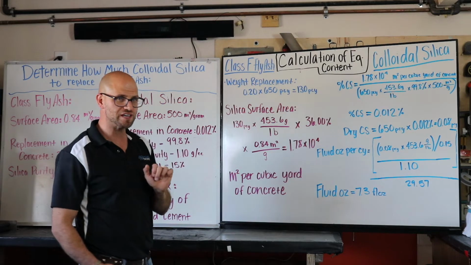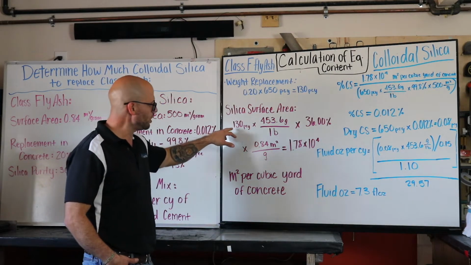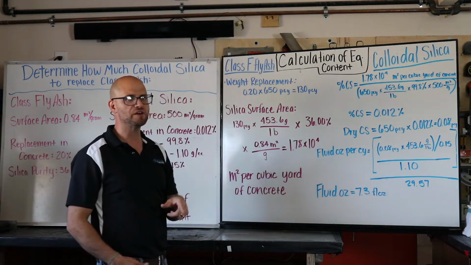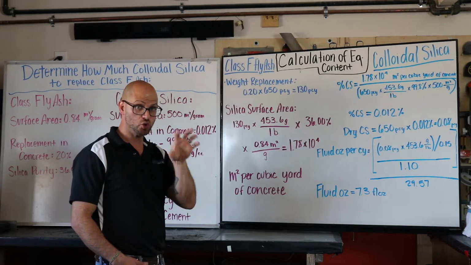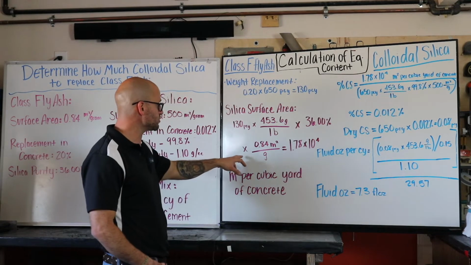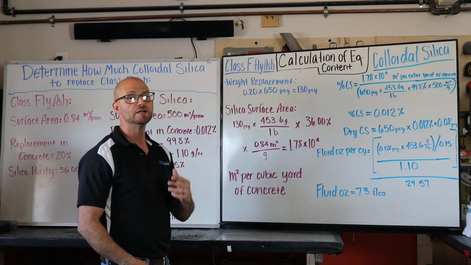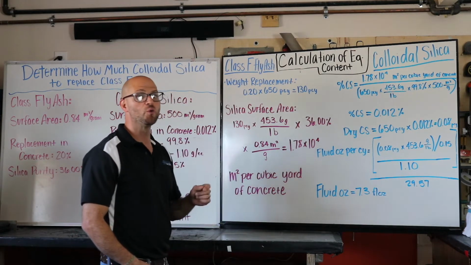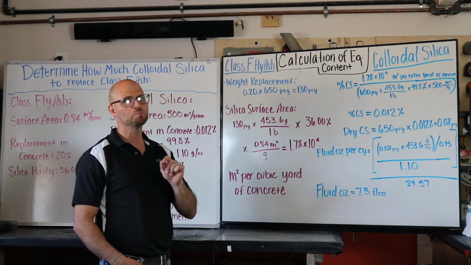And this is where we start getting into the fun stuff, which is really just unit conversion. So 130 pounds per cubic yard, we convert that to grams by multiplying it by 453.6 grams per pound, and then multiply that total grams by our silica purity, which was 36%, and then we finally multiply it by our silica surface area, which was 0.84 meters squared per gram, to get a total of 1.78 times 10 to the 4th meters squared per cubic yard.